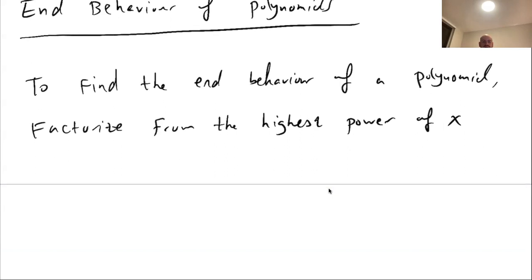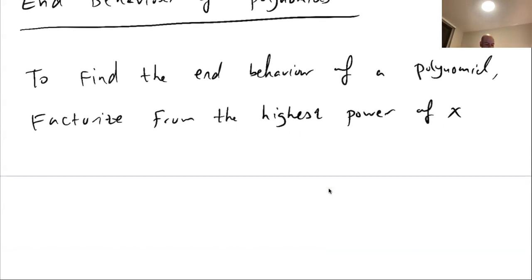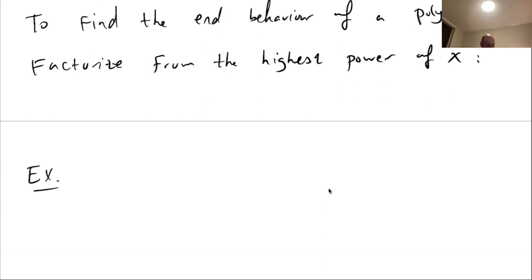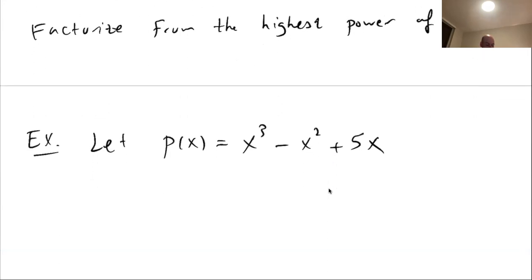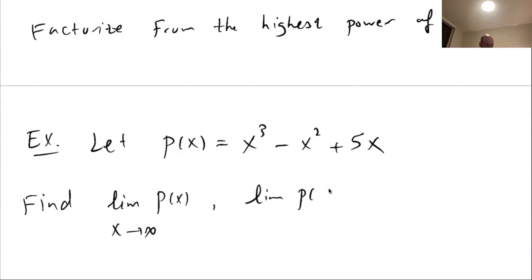Factorize from the highest power of x. So see, for P of x equals x cubed minus x squared plus 5x, find the limit of P of x as x goes to infinity and the limit of P of x as x goes to minus infinity.